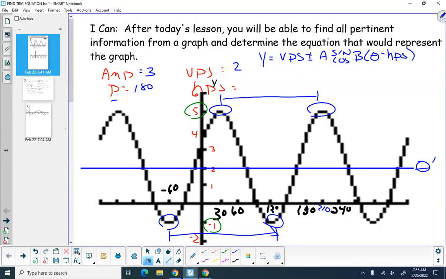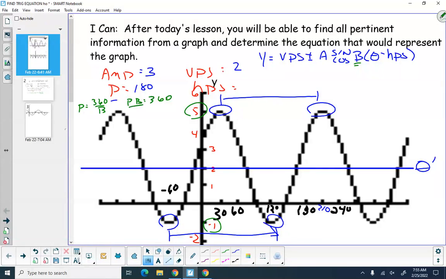So we go from peak to peak or valley to valley. But what we need in our equation is a b value. Well, the period was calculated by 360 divided by b. If I multiply both sides by b, I get period times b is equal to 360.